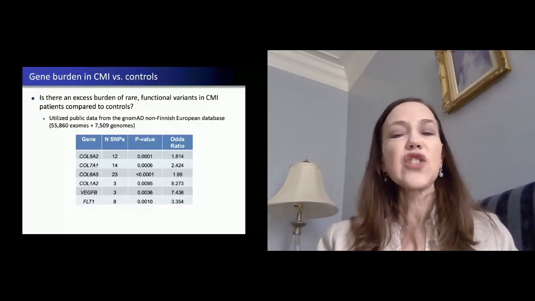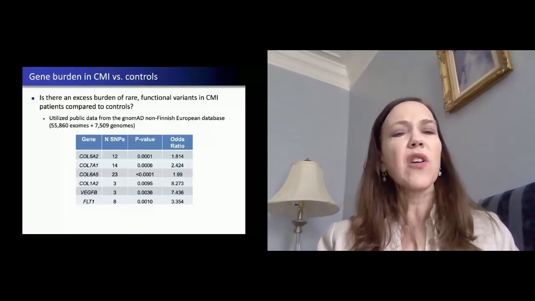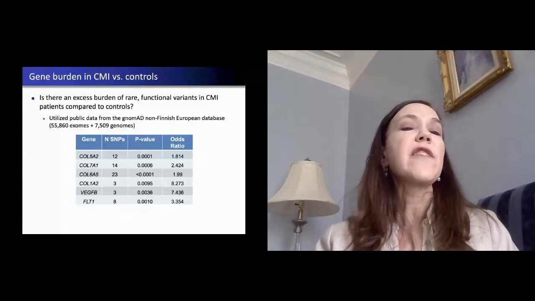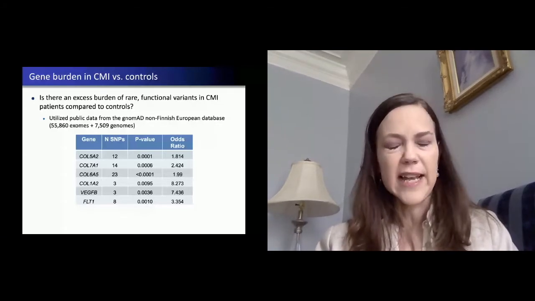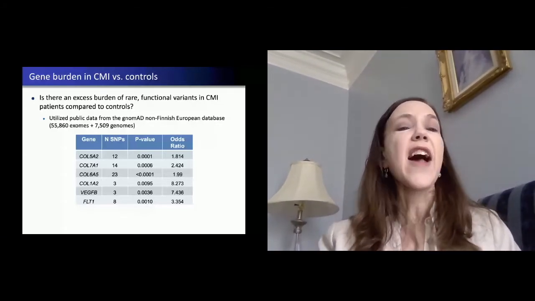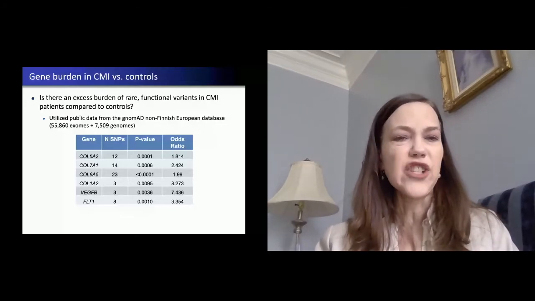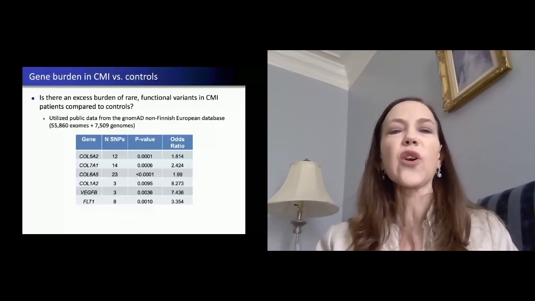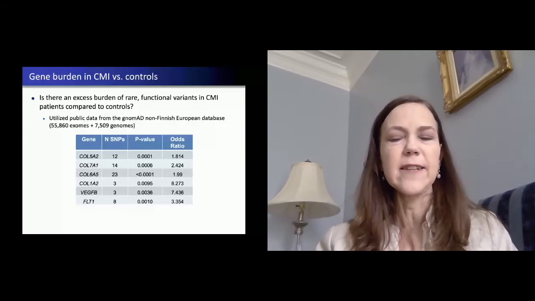The last two genes are part of what we call the VEGF pathway, and those genes are involved in vascular differentiation. So we'll talk a little later about why those might be important.